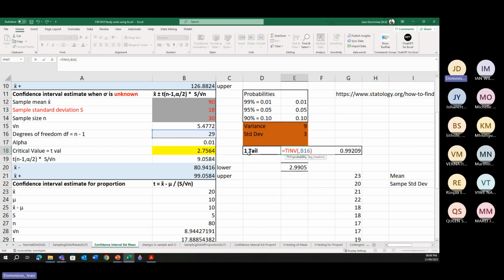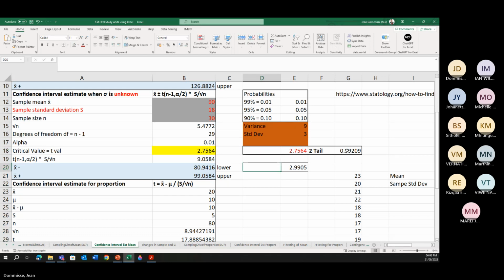Because you don't want to, and that should also, I'll get to your question now. So what I've done here now is to say, you need to put in your alpha as well. In Excel, it sees it as two-tail.